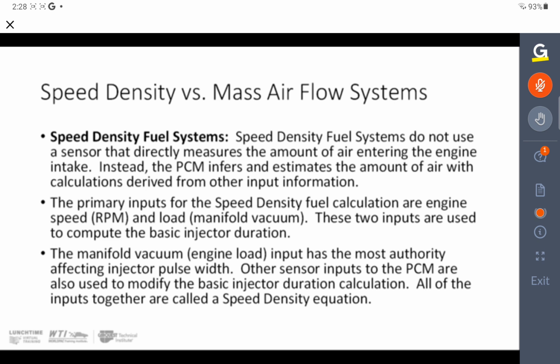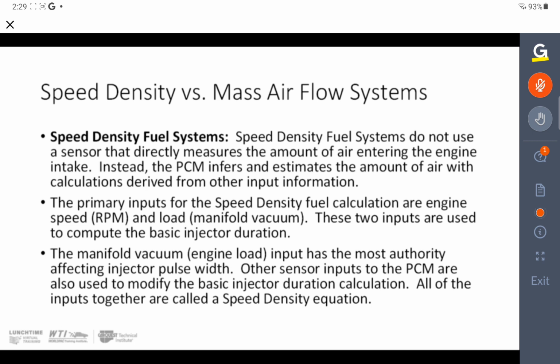Speed density versus mass airflow systems. A speed density system basically uses a sensor that doesn't directly measure the amount of air entering the engine like a mass airflow sensor. Basically, it's using vacuum to measure the load on the engine. And it's not just vacuum, it's using a couple of inputs.